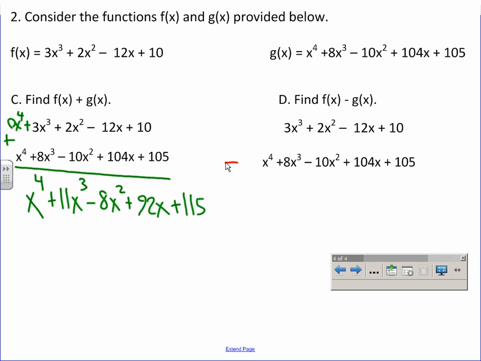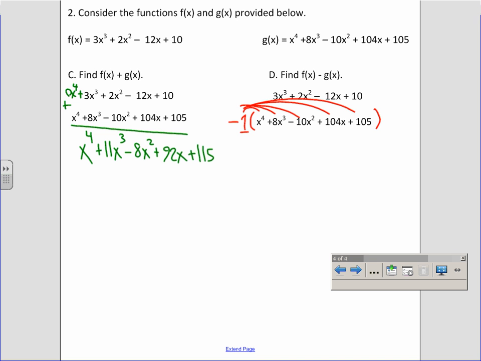So I'm subtracting this entire quantity, this entire polynomial. So we said in class when I'm subtracting, I have to distribute the -1, and then it will become addition. So when I distribute the -1 out here, it changes every single value in parentheses.